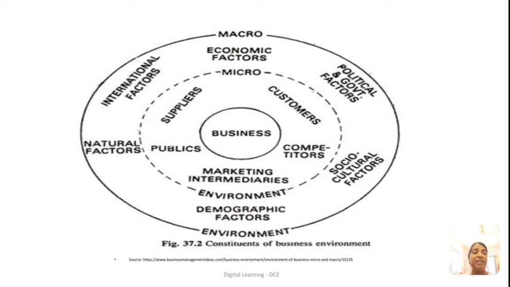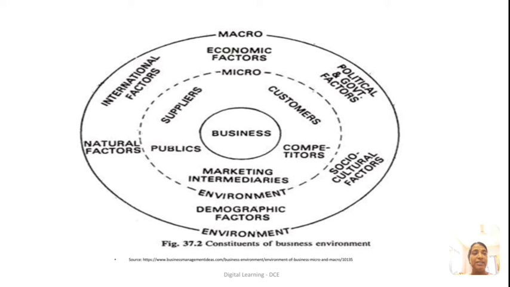Micro environment is nothing but it is immediate to the business, so it is called immediate environment, task environment, or operating environment, and it includes variables like suppliers, customers, competitors, marketing intermediaries and publics, and these are called actors or forces which will impact the business.